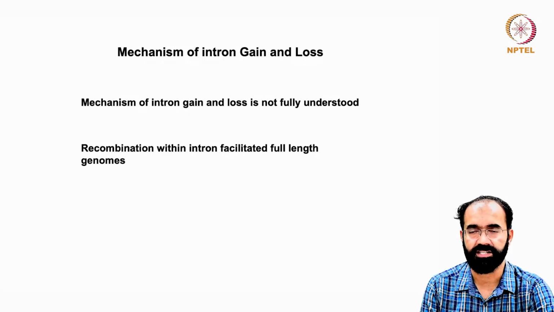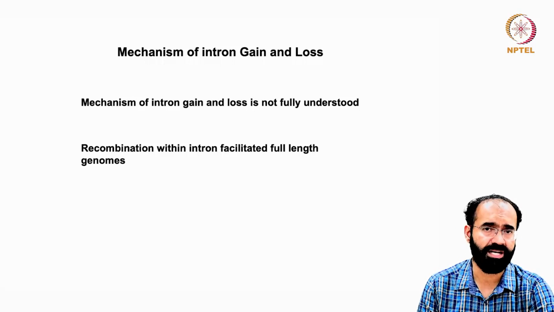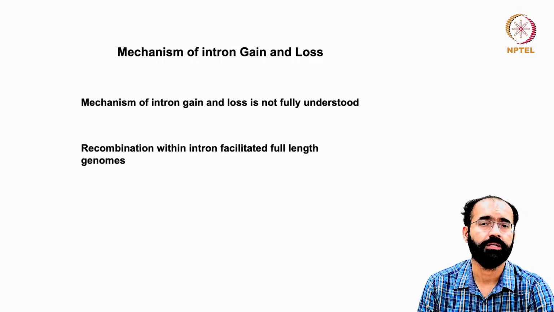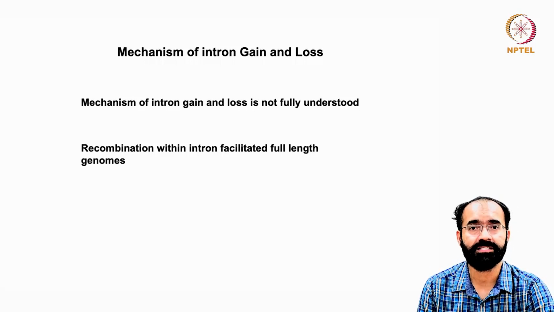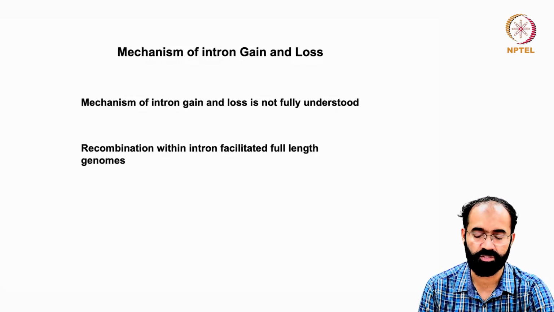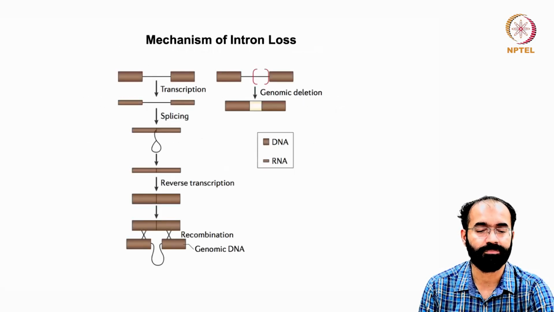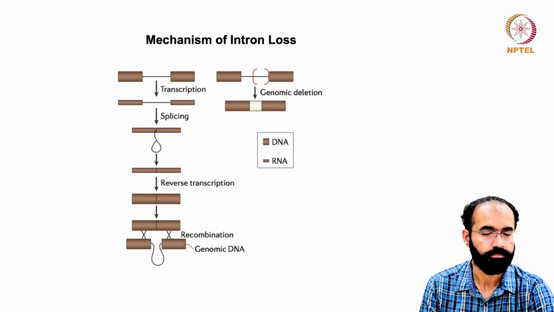This is a feature. We know that the more recombination that is taking place between genes or between DNA fragments, we can say more introns are possible. But how are we going to explain it? Let us see the mechanism of intron loss.